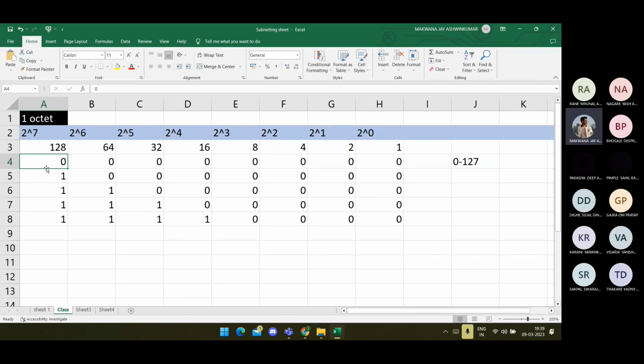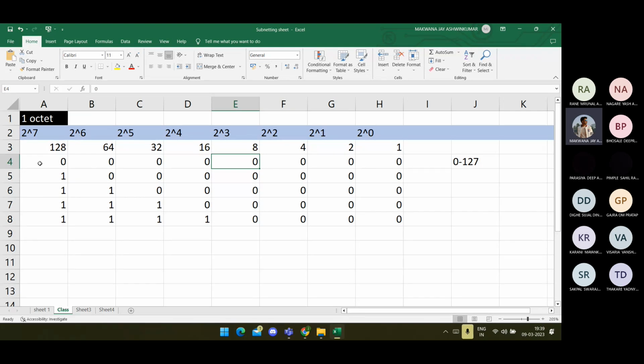This is class A, okay? I will tell you. The limit is 128. So no bit is turned on, right?